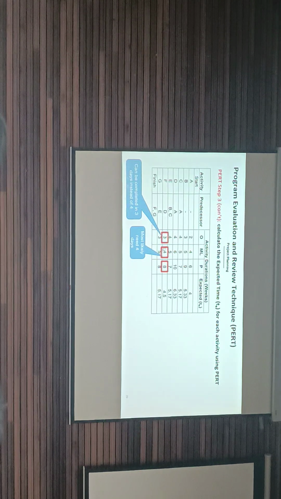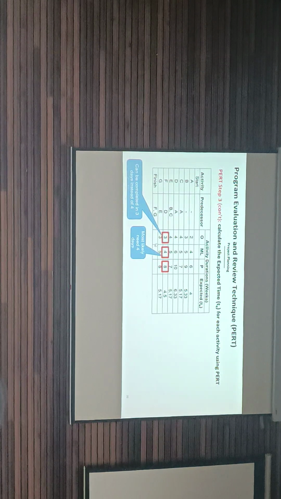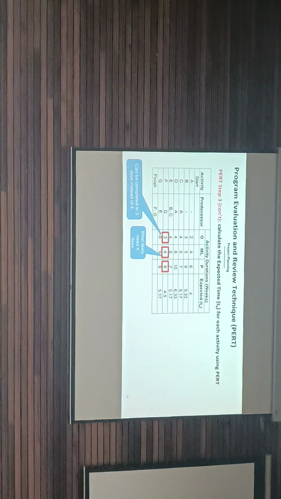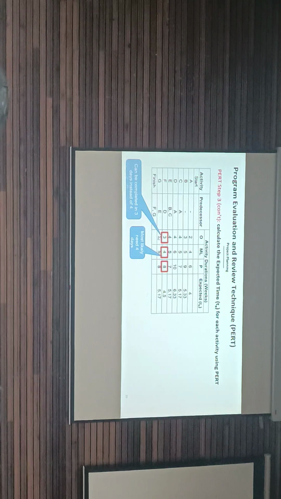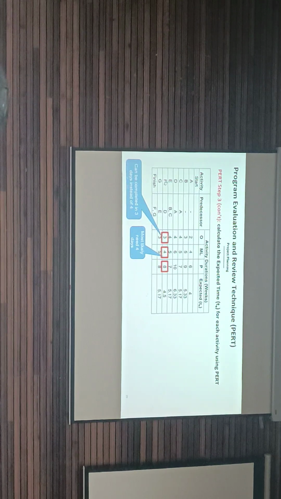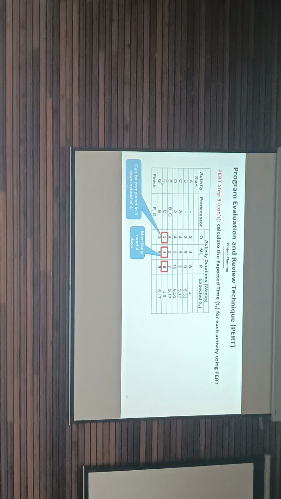Okay, then later you find out you are not comfortable with 4 days. Maybe on the other day you think that I think F can be completed in 3 days instead of 4 days. So later you find out that actually I'm confident, okay, I'm confident this task can be completed in 3 days. So under optimistic, you put 3 days.